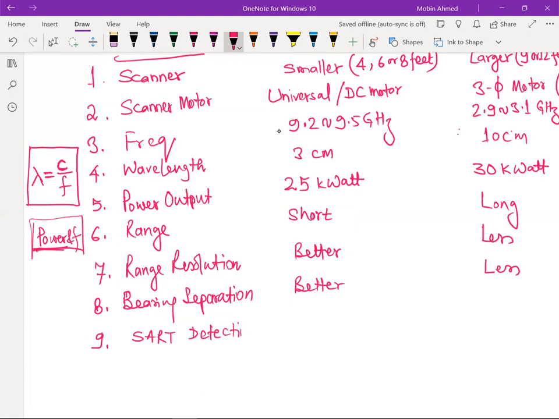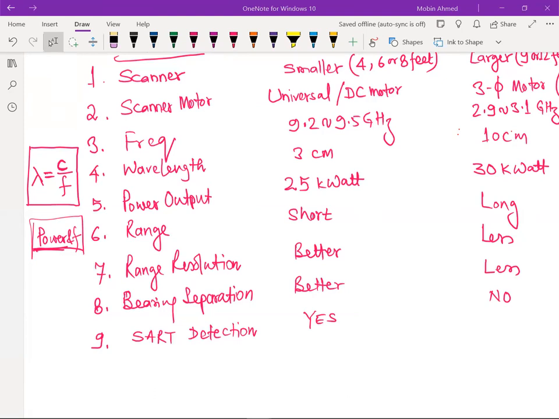This is also given in the SOLAS. SART detection, yes, we can do. No, in the S band, S band we can't do. So these all are the differences between the X band and S band. Okay.